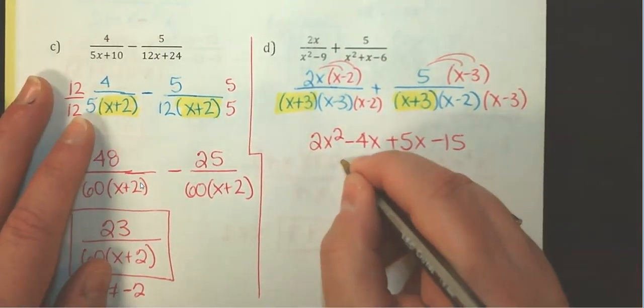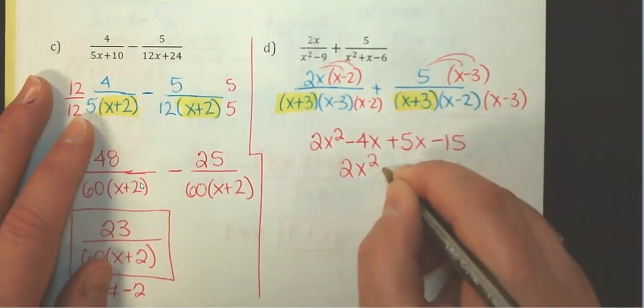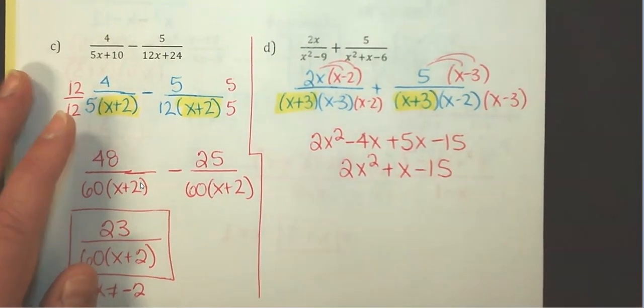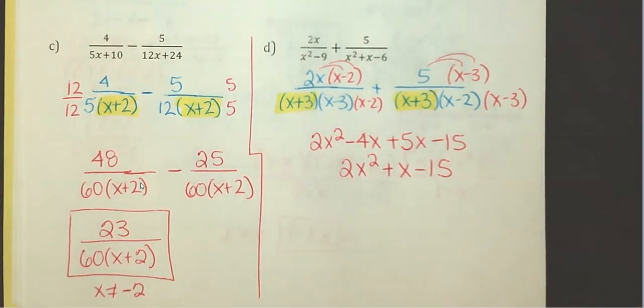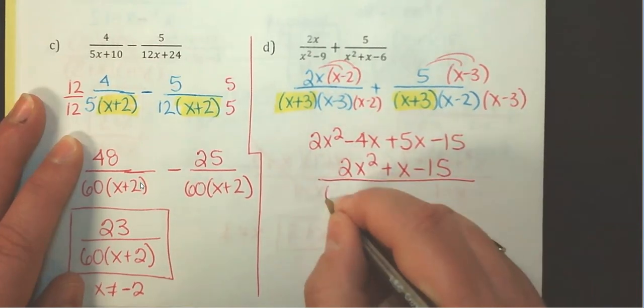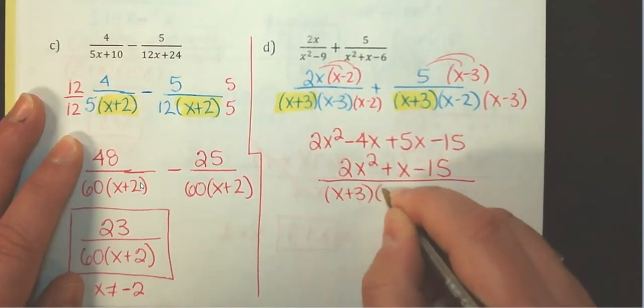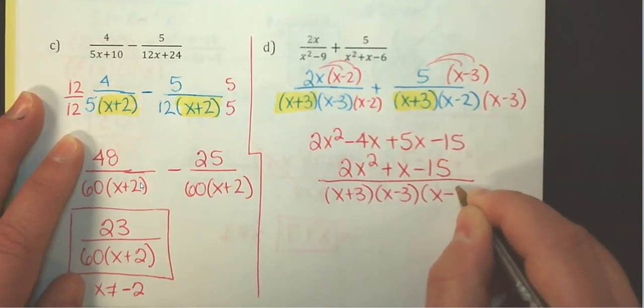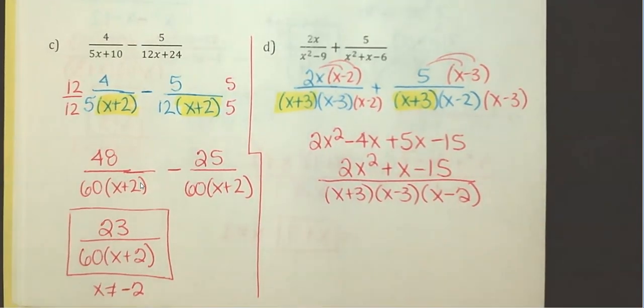All simplified together, I got 2x squared plus x minus 15. And then just go ahead and write the bottom of this. So we had the x plus 3, and these can come in any order as long as you got all three of them: x plus 3, x minus 3, and x minus 2.